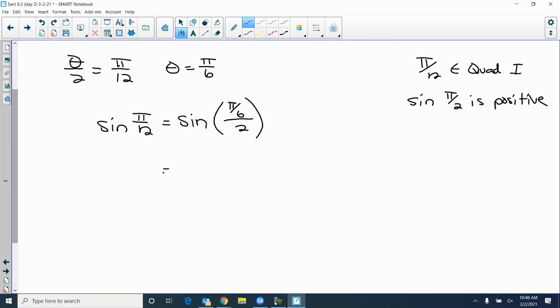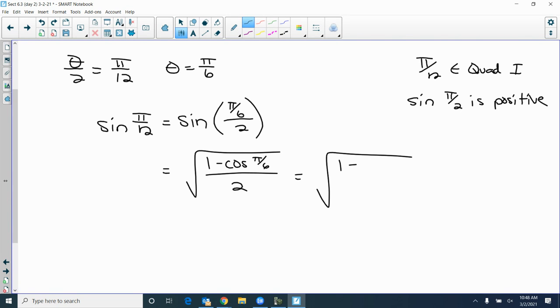So this is going to equal positive square root of 1 minus cosine of pi over 6, divided by 2. You got to use the pi over 6 in the formula, because we don't know what pi over 12 is. Well, pi over 6 is what, 30 degrees? What's the cosine of 30 degrees? Cosine of 30 degrees is square root of 3 over 2. All right, so we got 1 minus square root of 3 over 2, divided by 2.